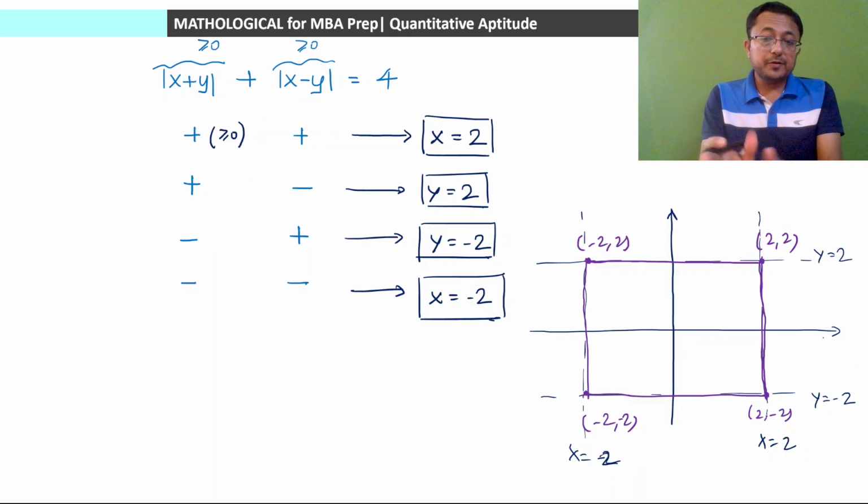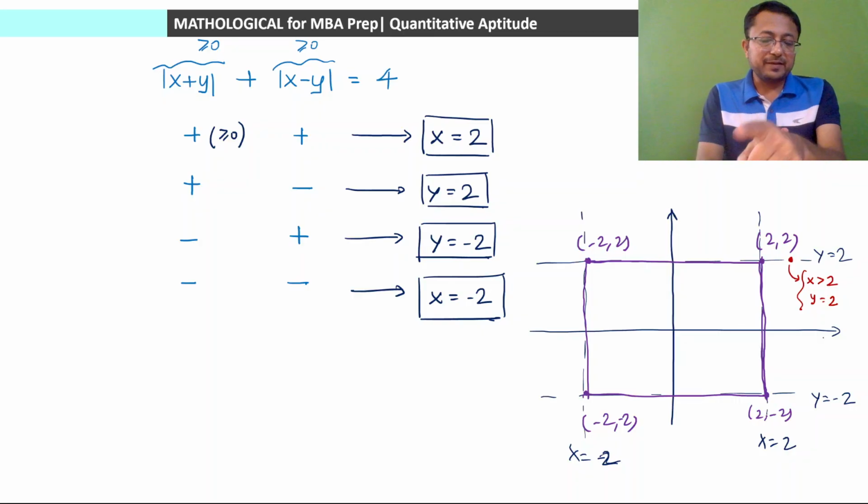Okay. Now, how are we sure that this will be the graph and not any other shape? Because if we take, let us say, this point here, for this point, the value of x will be greater than 2. For this point, x is greater than 2, or mod of x will also be greater than 2, and y is equal to 2. Clearly, isn't it so?